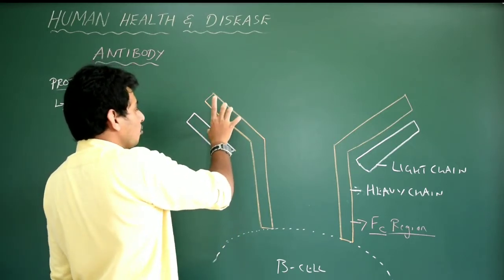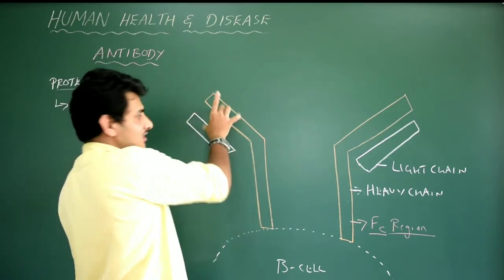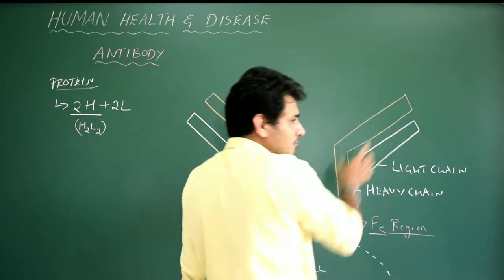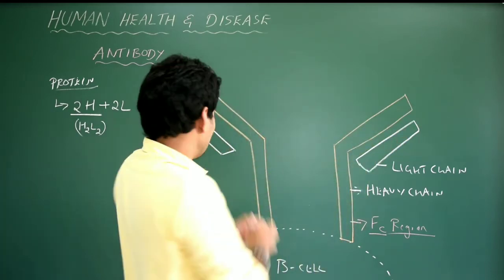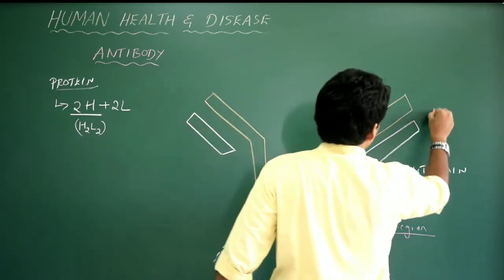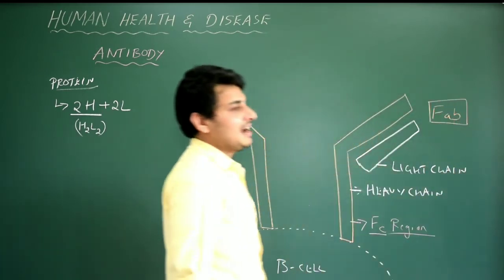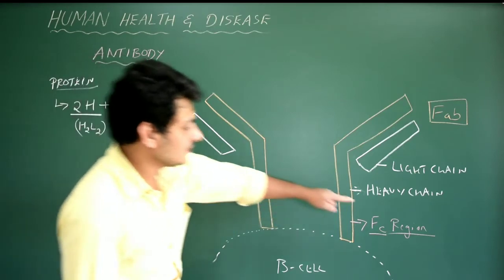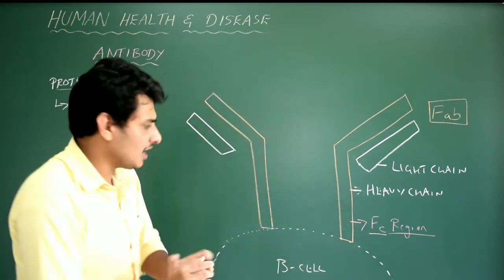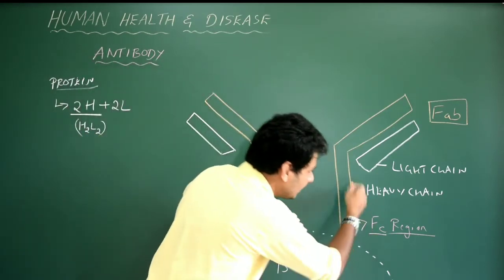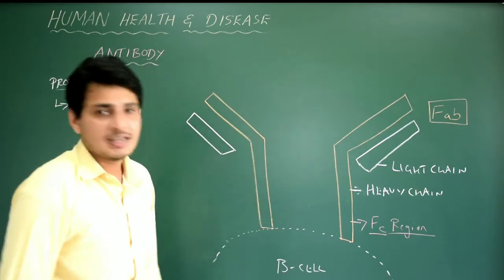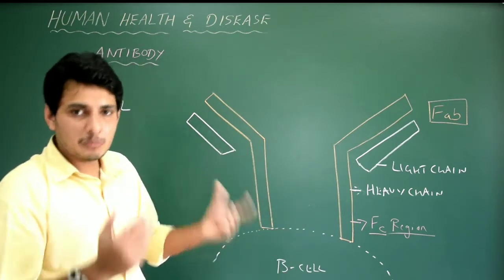Here you see both light and heavy chain in this particular place. Heavy as well as light chain, both are there. And this is called FAB. FAB region. So antibody has 2 regions. One is FC region. FC region means it is 100% containing only heavy chain, which is now attached to the membrane of the B cell or plasma cell.